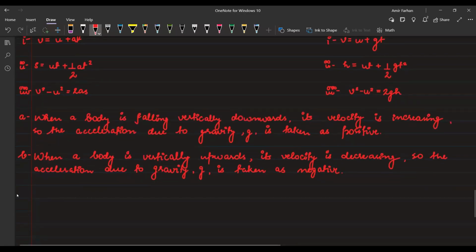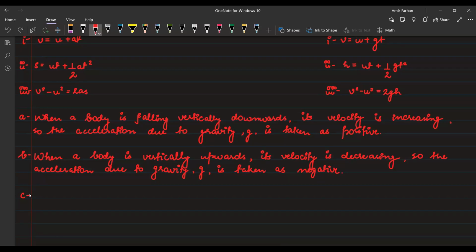Next case. So when the body is falling downwards, in that case, the initial velocity will be 0. Right, everyone? Yes, sir. Because you are just dropping the body. There is no external push or pull to the ball or body.